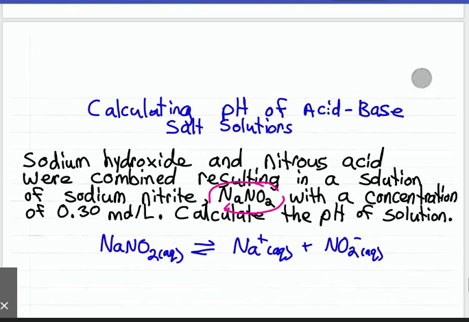So the first thing to notice is that this NO2 negative is the conjugate base of nitrous acid. So it's a conjugate base of HNO2, which you need to recognize, because in order for this NO2 negative ion to become HNO2, it has to gain a hydrogen.